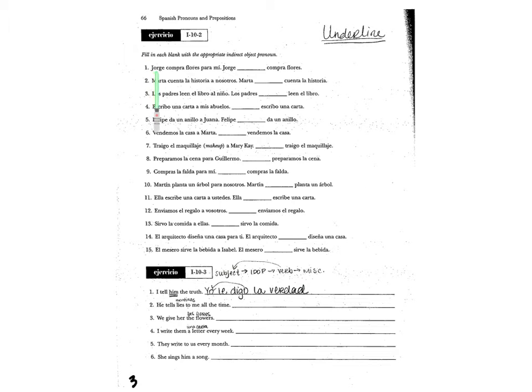So number 1, Jorge compra flores para mí. Who does Jorge buy flowers for? Para mí. That is where you underline 2 times. You're taking that out, and you are replacing it with me, because it's para mí, and you're writing me in the blank here. Okay? Marta cuenta la historia a nosotros.